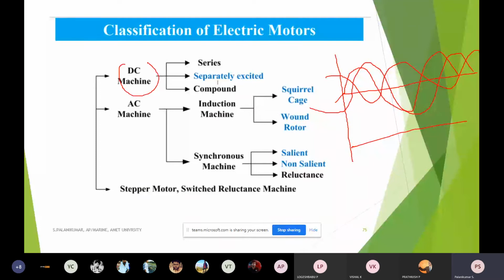Unlike a DC machine, here the rotors are not electrically connected. Through magnetic coupling only, there will be an induced EMF in the rotor of the motor.